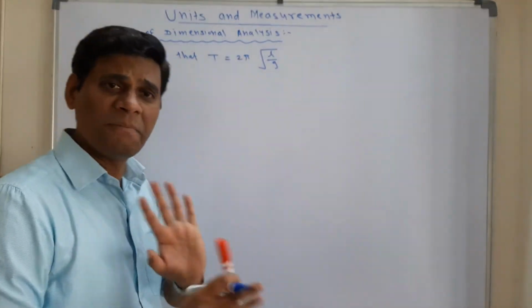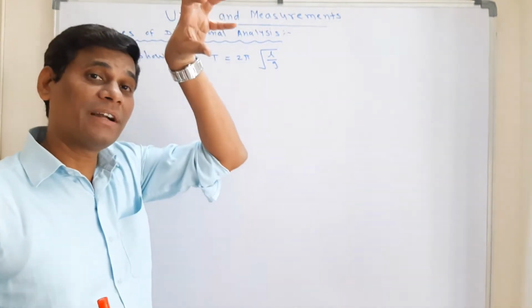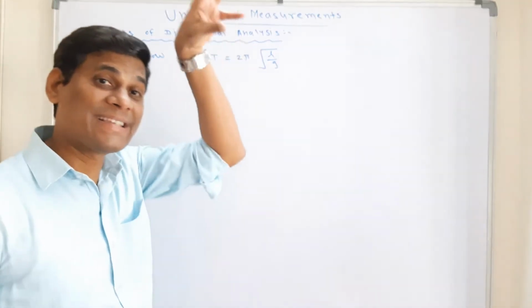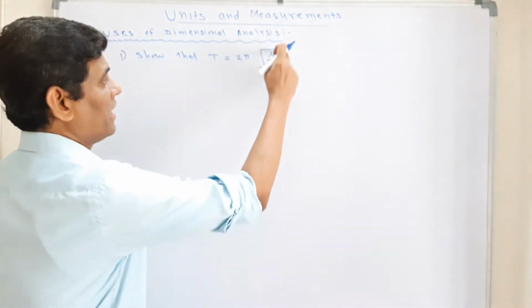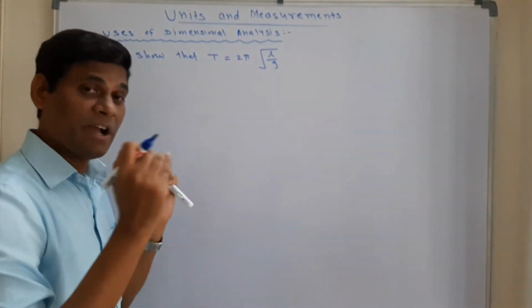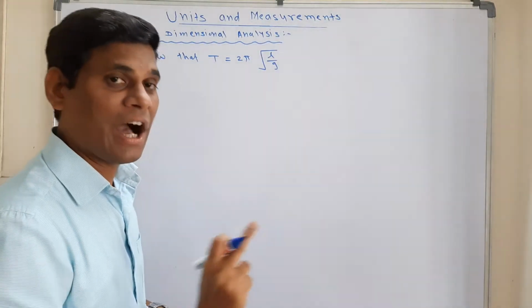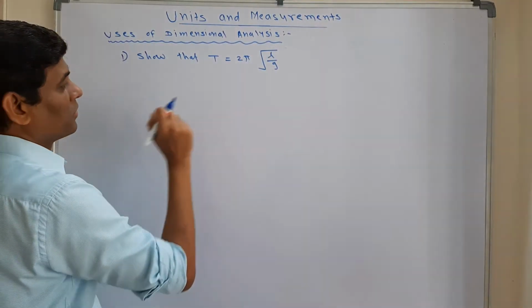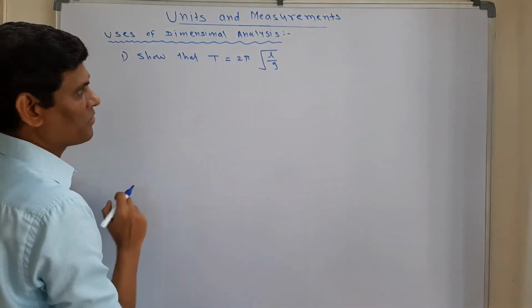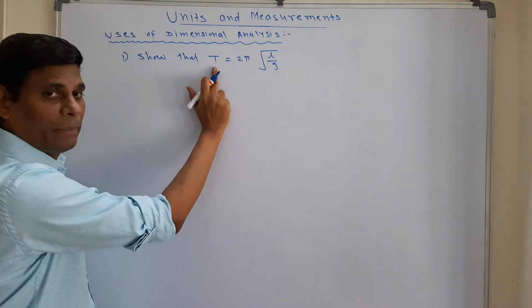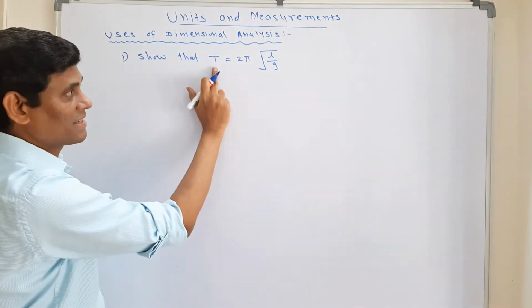You don't know the equation, but you have to derive this equation. You have to establish the relation between these different physical quantities, to prove they are related this way. How to proceed? This question can be asked for 3 marks. Show that T is equal to 2 pi root of L upon G. T is the period, that is time.